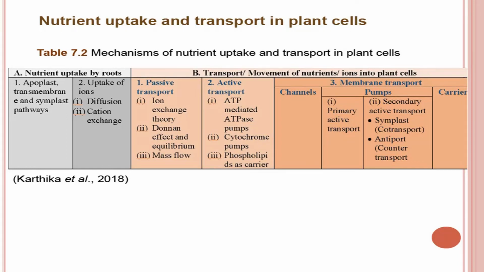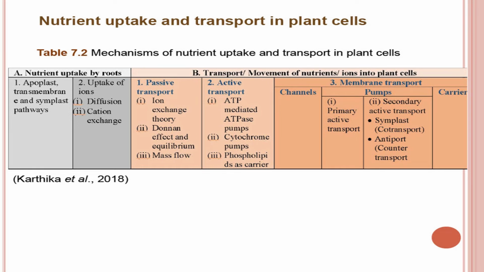Then mass flow. Next, number two, the active pathway for movement of nutrients into the cell is ATP mediated ATPase pumps. Number two, cytochrome pumps, and number three, phospholipids as carrier.